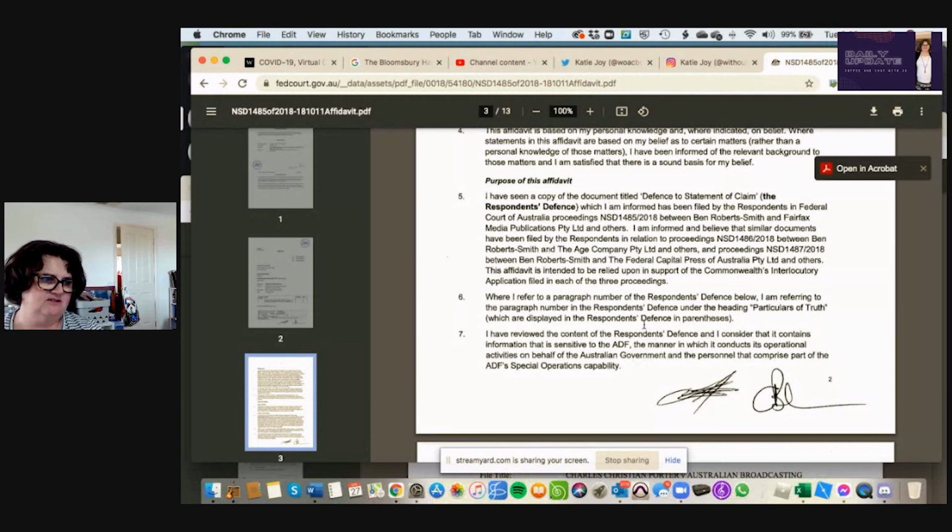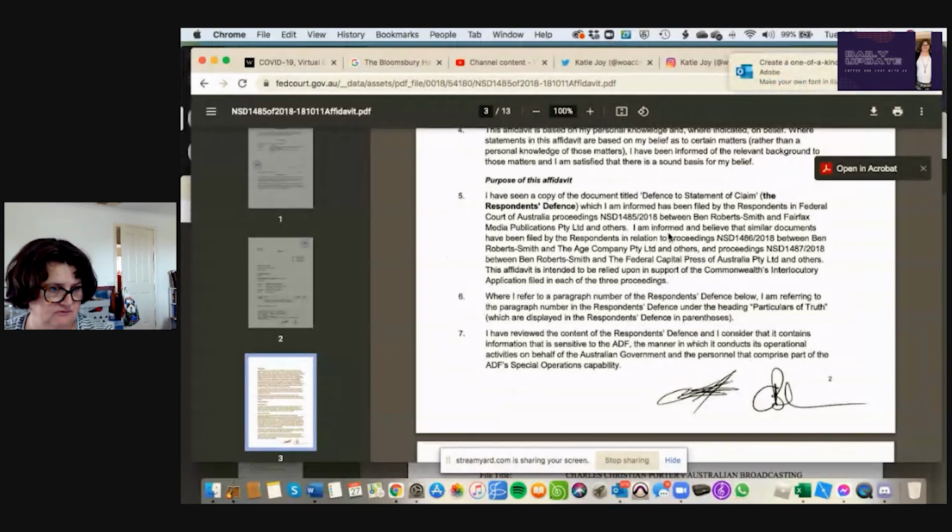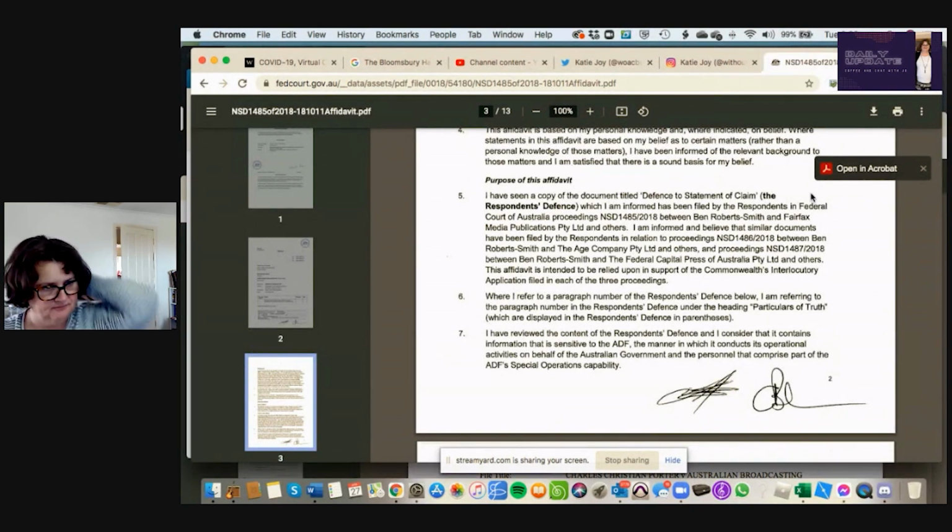I have seen a document titled Defence's Statement of Claim, the Respondent's Defence, which I'm informed has been filed by the respondents in the federal court proceedings, NSD 1485/2018, between Ben Roberts-Smith and Fairfax Media publications and others.